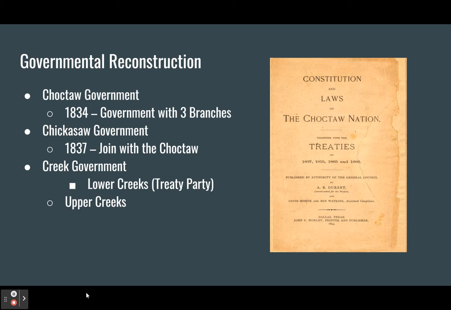So, once a year or twice a year, if a regional upper town council took place, then your principal chief and your second chief would go to those meetings. There's also a national council Creek meeting. The national council would come together and meet.